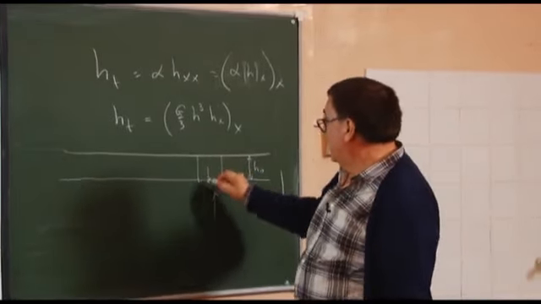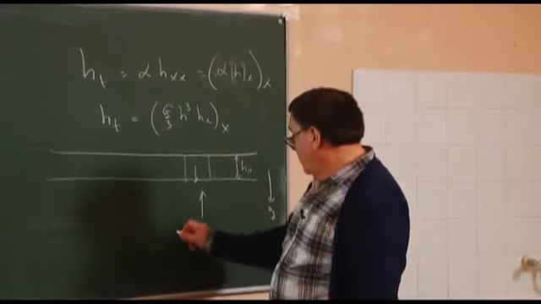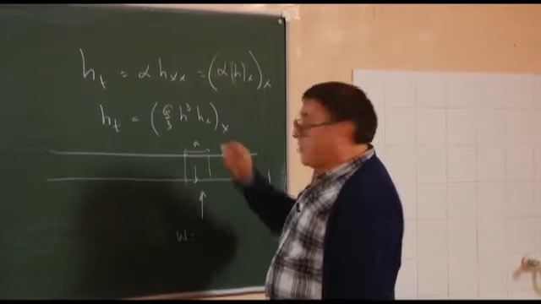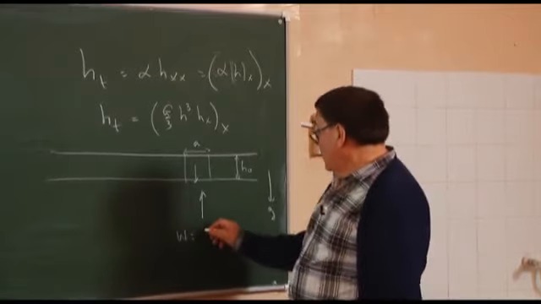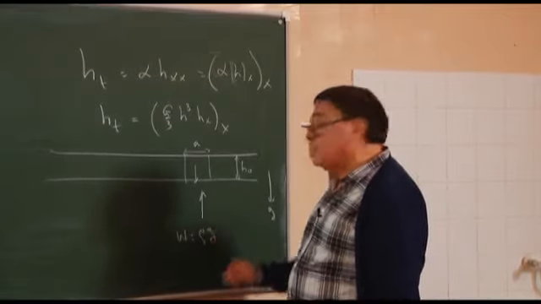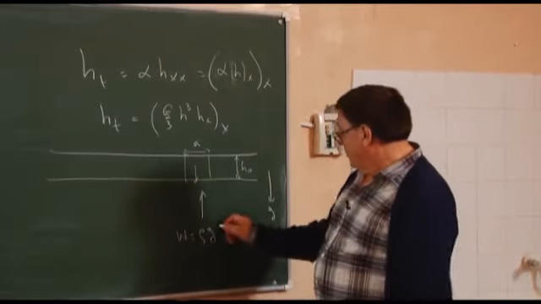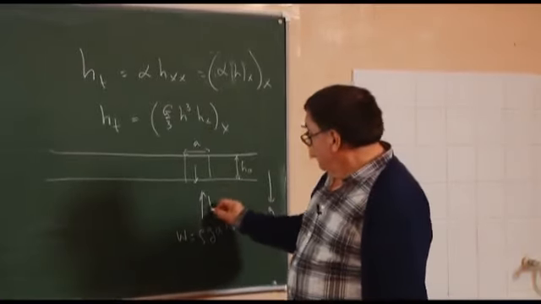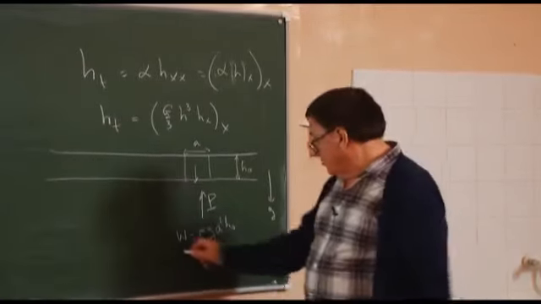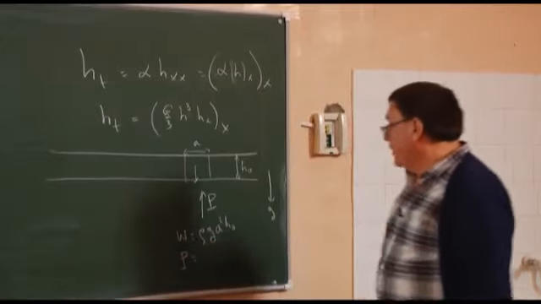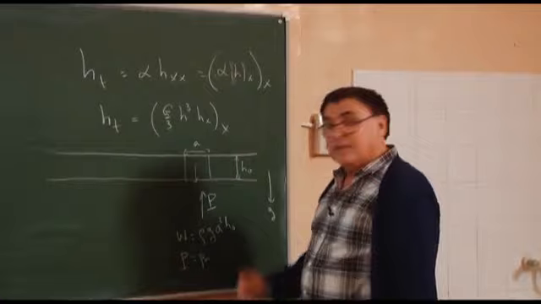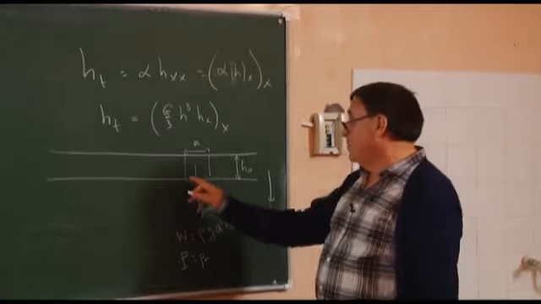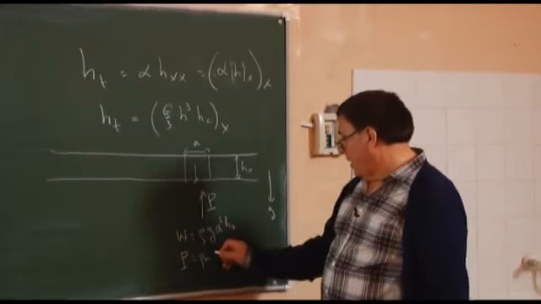So if I calculate the weight, let's assume this area is A squared. How much is the weight? It's rho G times the volume, and the volume is A squared H0. Now, the force exerted from below by the pressure is PA, atmospheric pressure, which we assume constant, times the area, A squared.